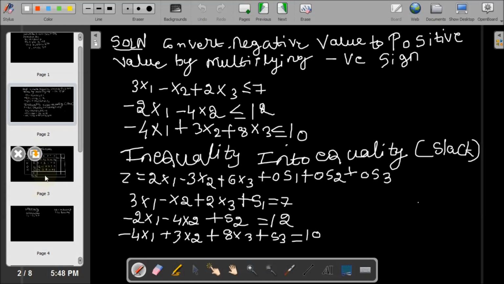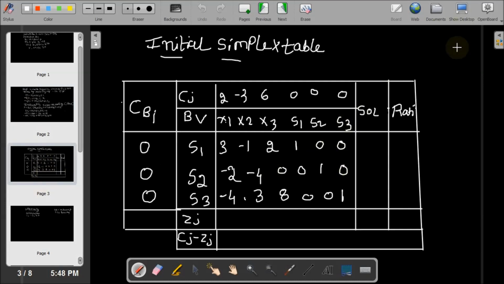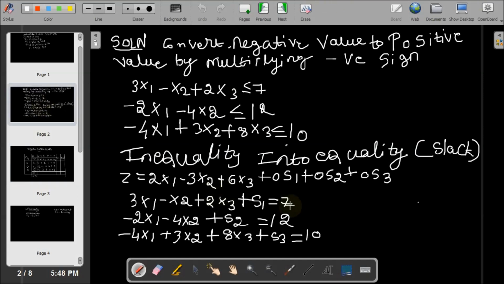Next, what is the solution value here? For the first constraint, you can see the solution value is 7. Second constraint 12. Third constraint 10.